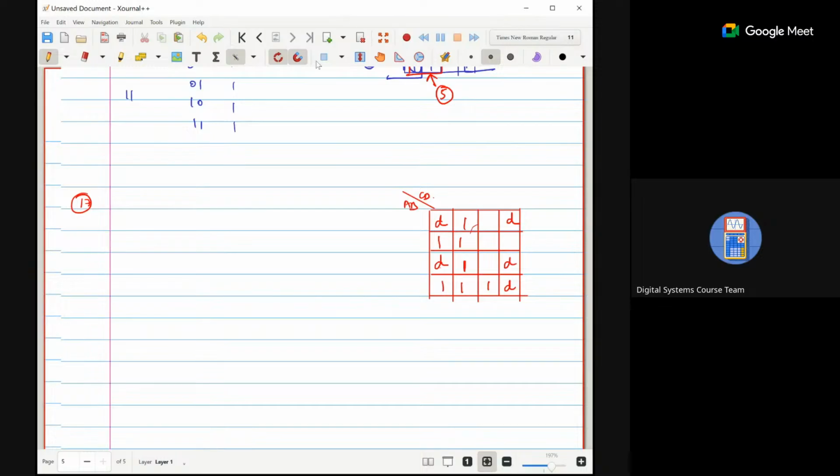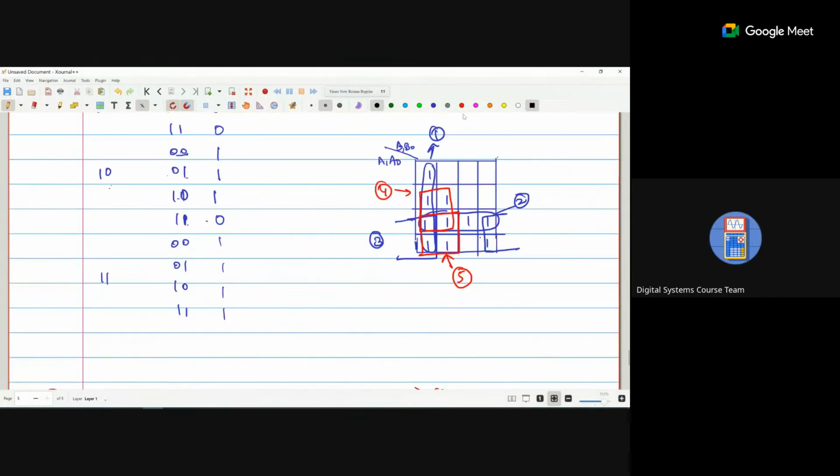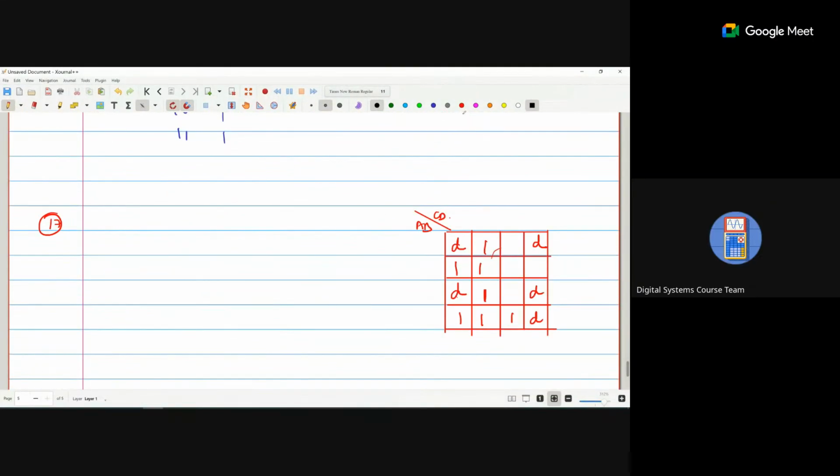Okay. So we create groups. Two groups are possible. One with this one, and second.